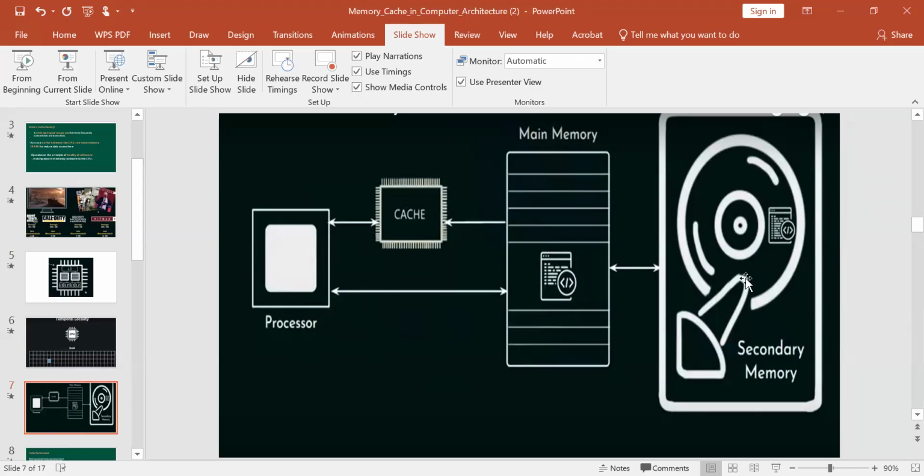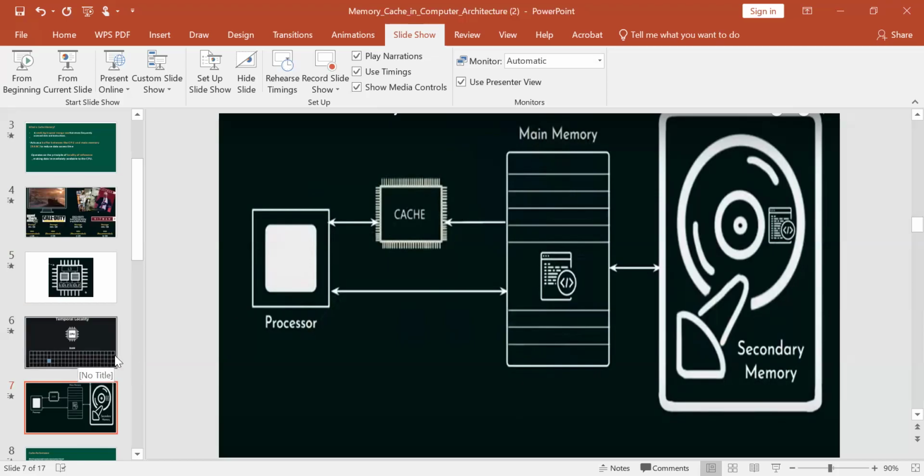Therefore, to reduce the average time, what a computer does is make copies of the data that will be required and store them on the cache. The frequently used data of the particular program will be stored on this cache and then delivered to the processor whenever they are in need of use.